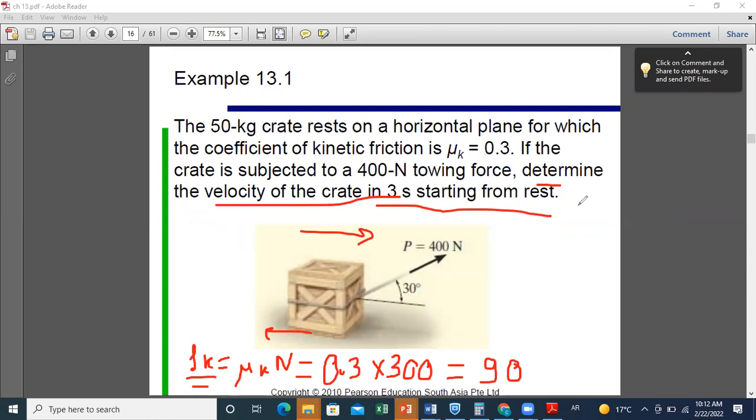As a first step, I should find my acceleration by applying Newton's law. And once I find my acceleration from Newton's law, I can move back to the previous chapter to relate acceleration to velocity.